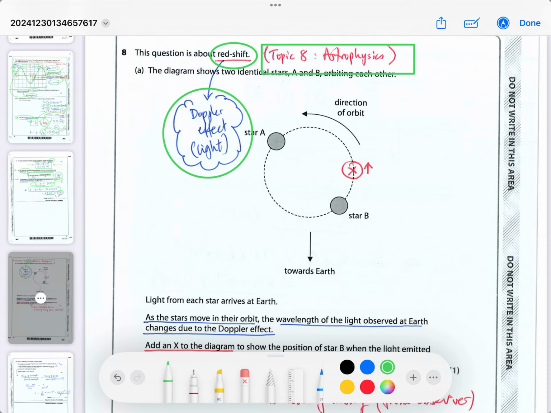Okay? So once we know that starlight is giving off different radiation, visible light, infrared or ultraviolet or whatever, we can analyze it. And something called redshift is due to the motion of the light source.